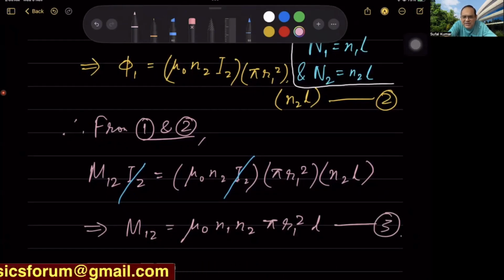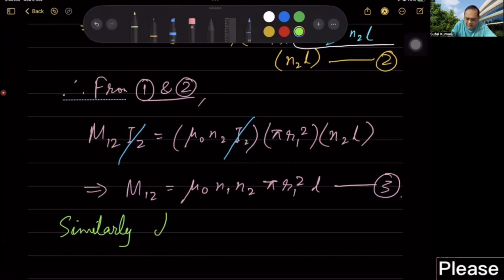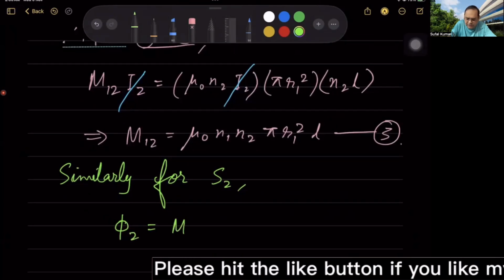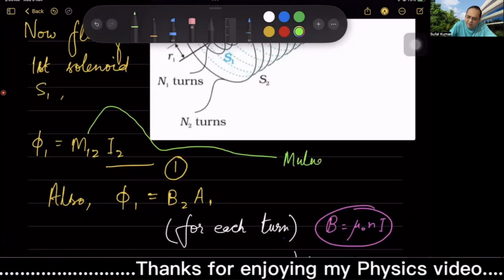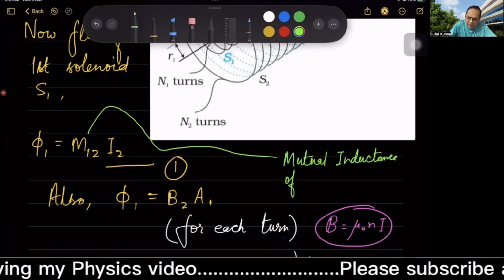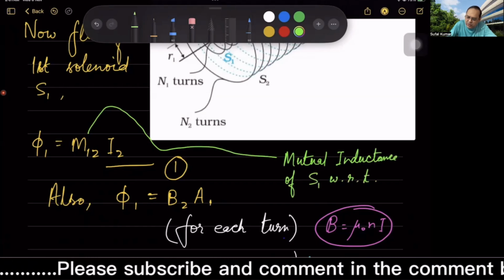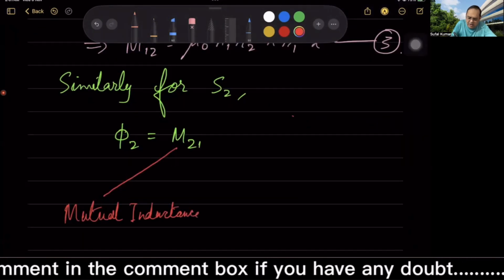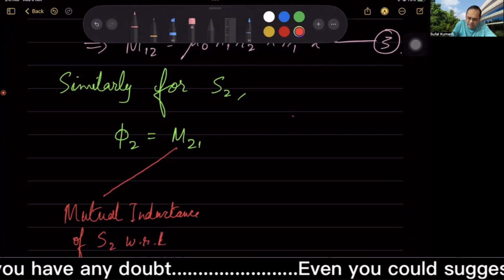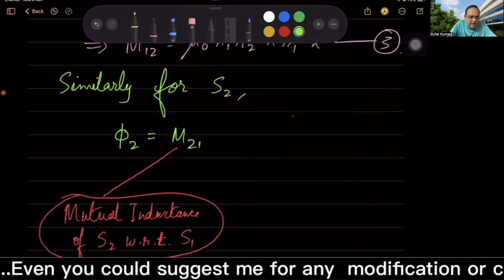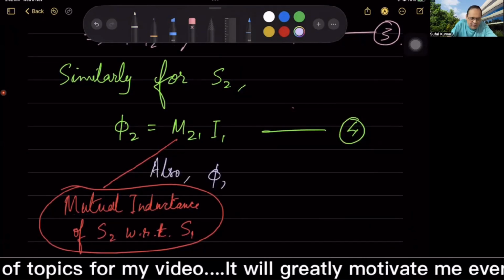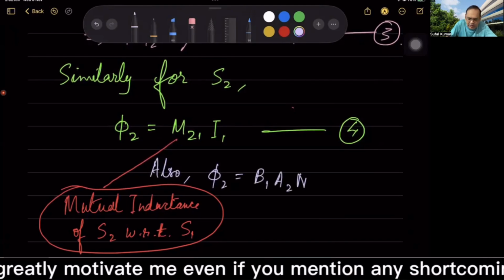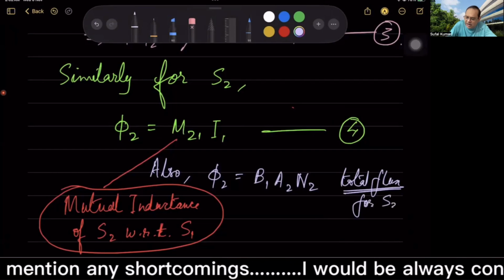Now the same process we'll be doing for the second solenoid S2 also. Similarly, for S2, phi2 is M21. Let me clarify, M12 was the mutual inductance of S1 with respect to S2. In the same way, M21 is the inductance of S2 with respect to S1, so phi2 is M21 I1. This is equation number 4. Also, phi2 is B1 A2 N2, the total flux for S2.